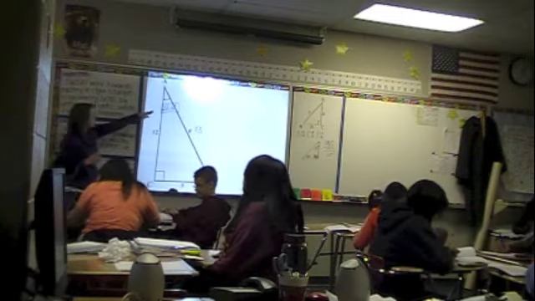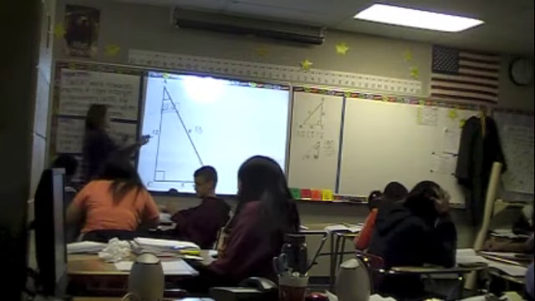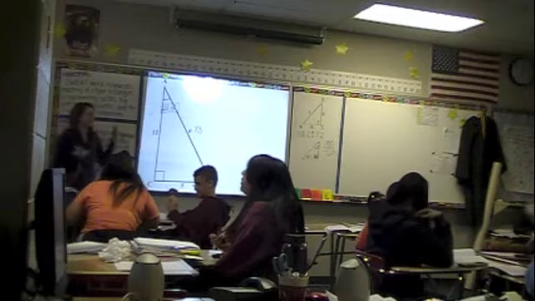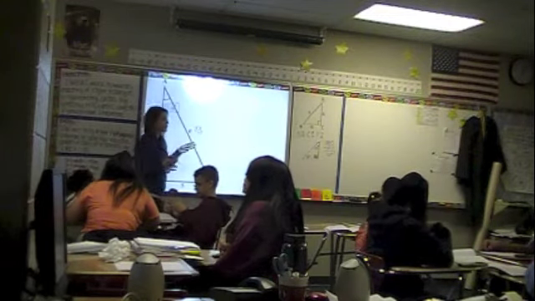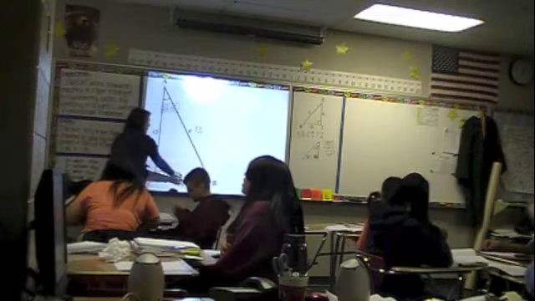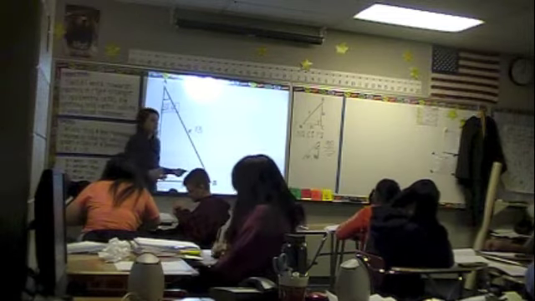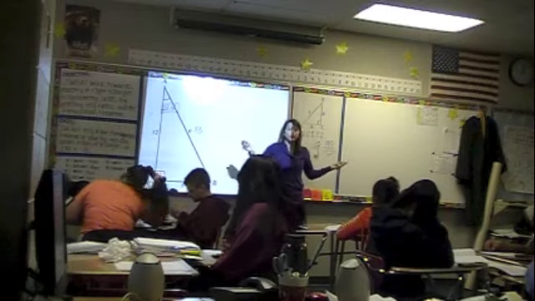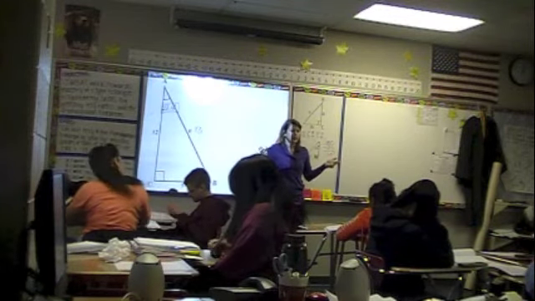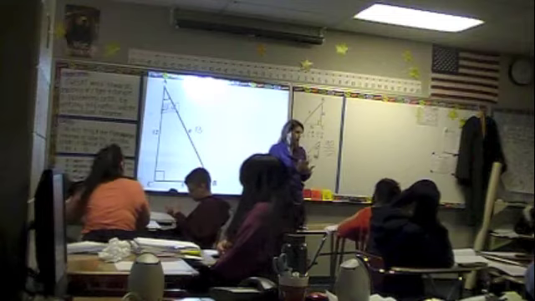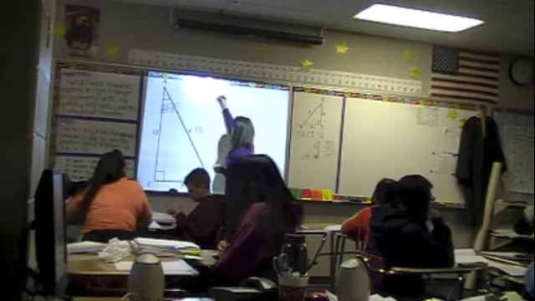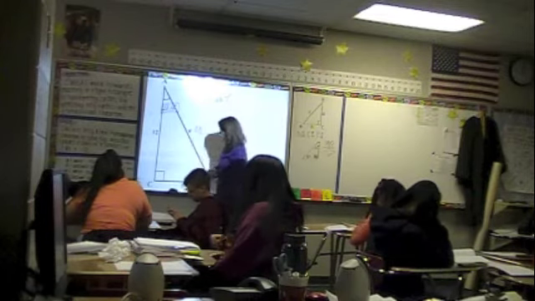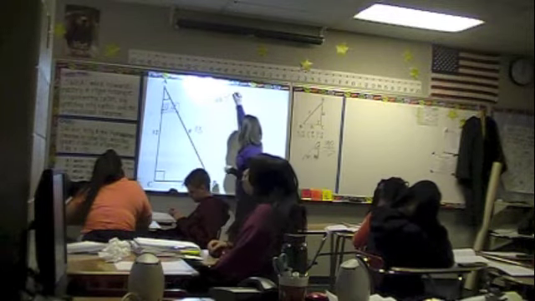So we have angle A. We got 22.6. Since we are given all three sides, we can choose any of the three inverse trig identities to use, because we have our opposite, our hypotenuse, and our adjacent. If one person used sine and the other person used tangent, you'd get the same answer as long as you used the correct ratio. So you can do the inverse sine of opposite, 5, over hypotenuse, 13.